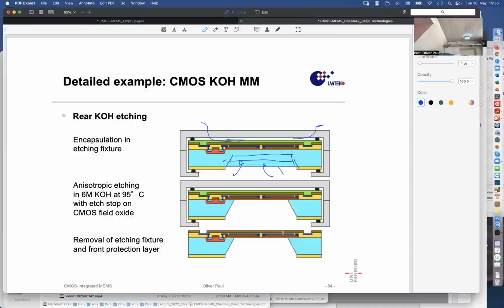You can recognize the sensors, exposed by a stepper, probably. Every one of those is a separate sensor die. And then after this, the silicon is etched out, and the result is now a structure with the back visible.